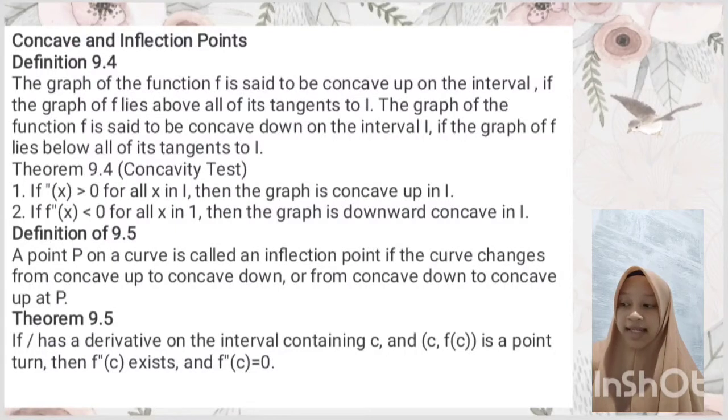If f has a derivative on the interval containing c, and (c, f(c)) is an inflection point, then f''(c) exists, and f''(c) is equal to 0.